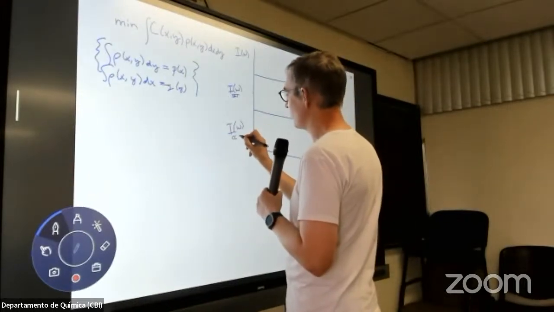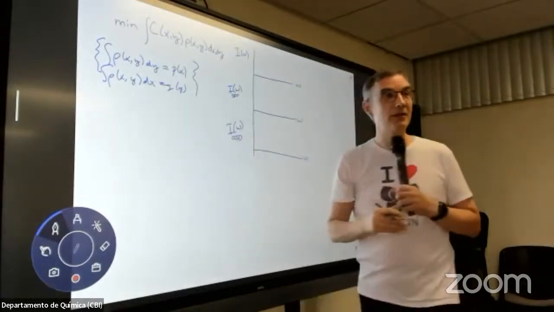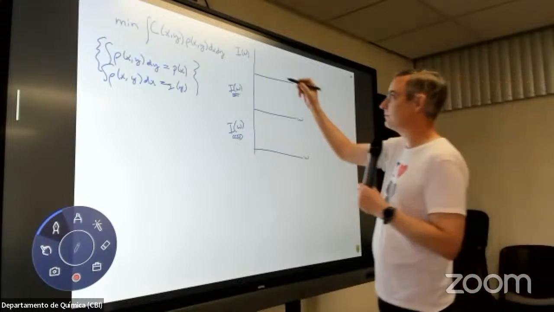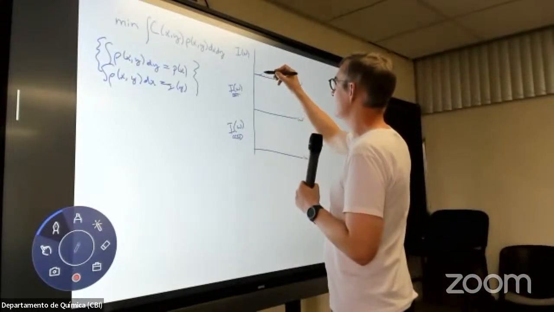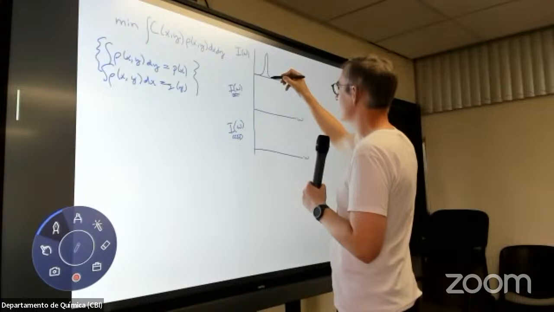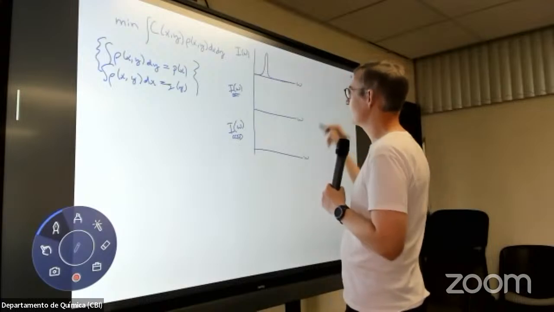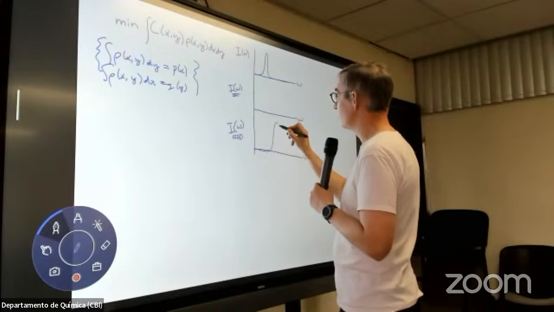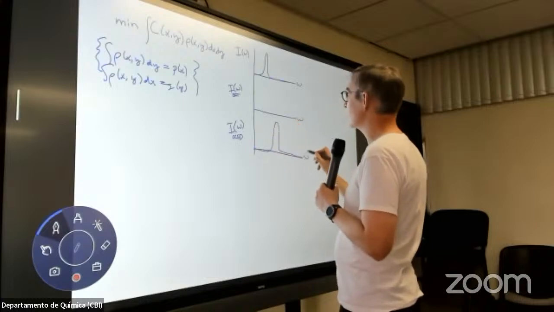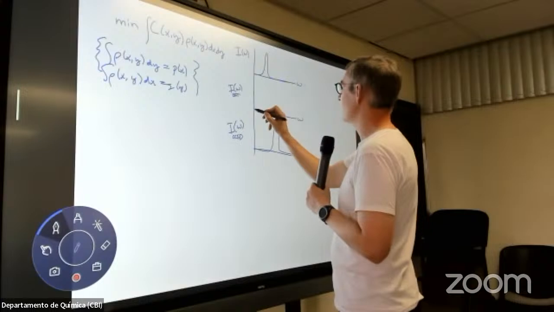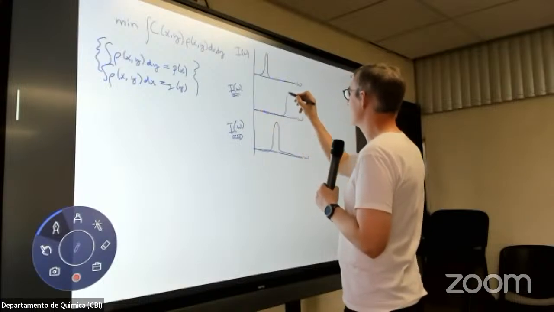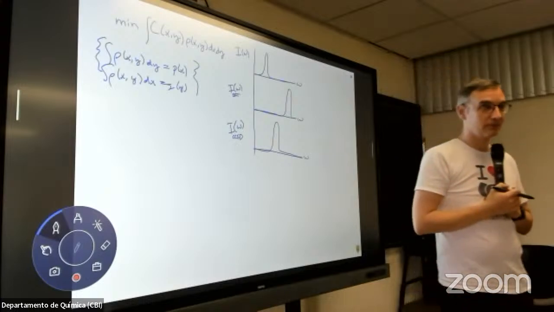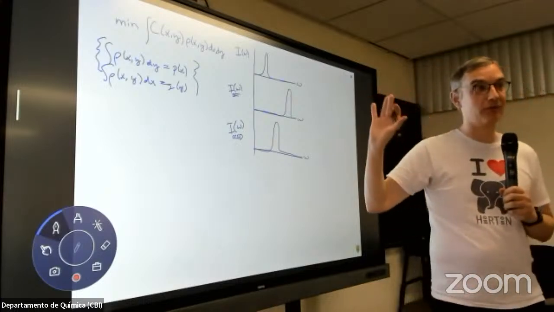Well, let's choose something better than DFT. Let's say it's CCSD. So this spectrum might look like this, this spectrum might look like this, and this spectrum might look like this. So these are my spectra, right?